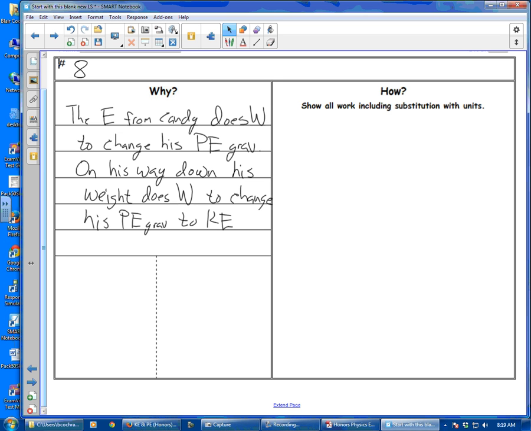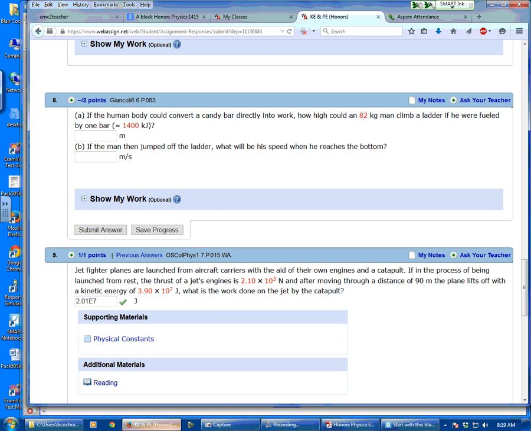Realizing one of the big understandings here is anytime we want to change the amount of energy someone has, we need to do work on them. And that work always causes the energy to change. So in this one, let's start off with, do they label them A and B? Yes.